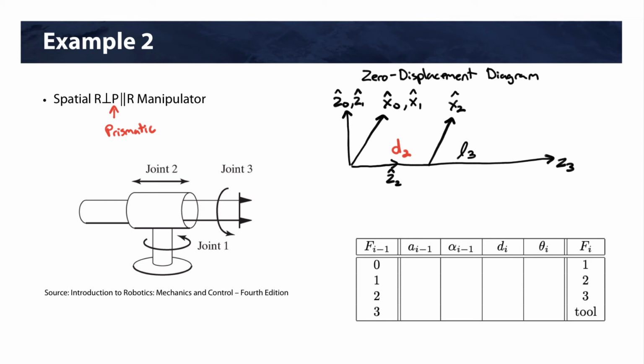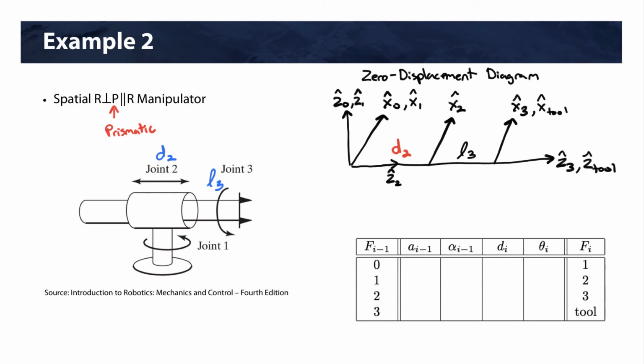All right, we're going to have a D2 length, and then we're going to have an L3 length. Okay, and that will bring us to X3 here. And now we're going to say that our tool frame is the same as frame 3. So this will be X tool, and this will be Z tool.